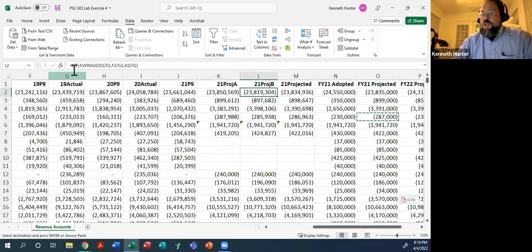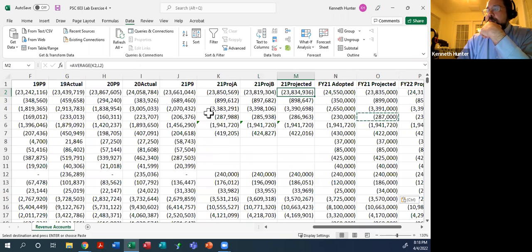L2 equals J2, and you divide this by, in parentheses, the average of the prior 3 year shares, which is D2 divided by E2, comma, F2 divided by G2, comma, H2 divided by I2. Close parentheses on that. And then M is the average of K2 and L2.